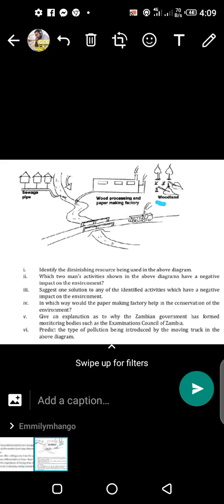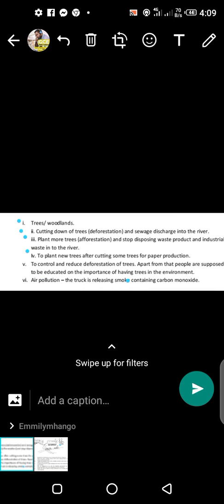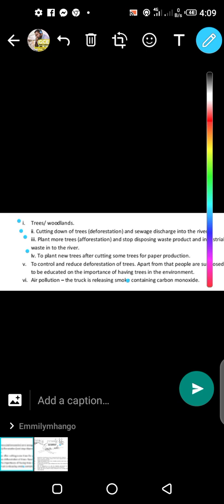So let's look at the answer for question 5. Have you seen question 5? Why is the Examination Council of Zambia there? To control and reduce deforestation. You see? So that's what it does. It controls and reduces the cutting of trees, which is deforestation. Deforestation means to cut trees.